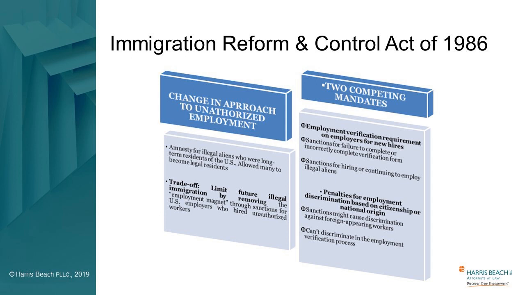And basically that requires employers to verify employment authorization for all employees. But at the same time, there are regulations in that act that prohibit an employer from engaging in employment discrimination based on nationality or citizenship. So it's sort of like a competing mandate. Employers are charged with verifying somebody's employment authorization, but they also can't go too far in the process by discriminating against U.S. workers.